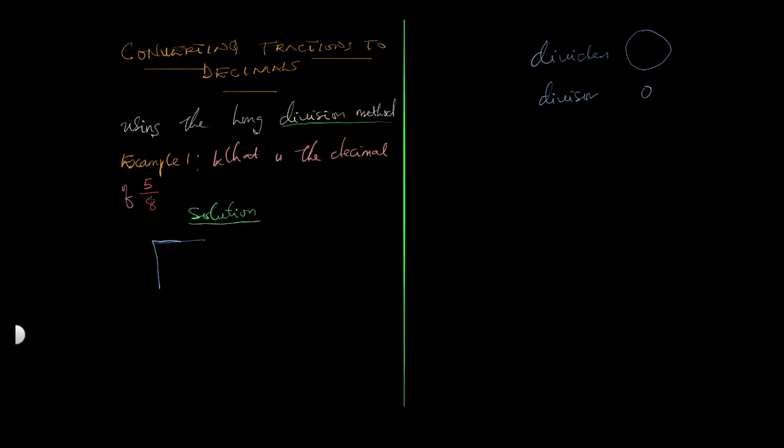Okay, so among these two numbers now, 5 numerator and denominator, which one is the dividend? Which one are we dividing? Moses says 5. Someone is saying 8.